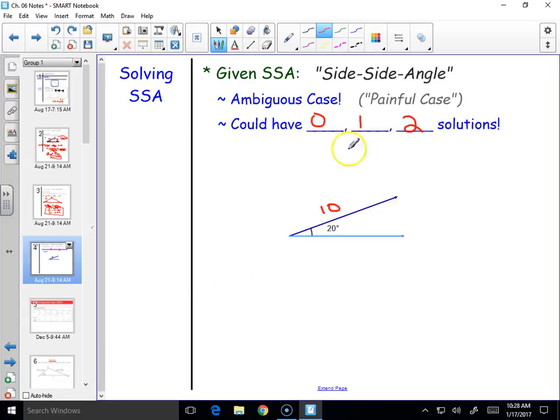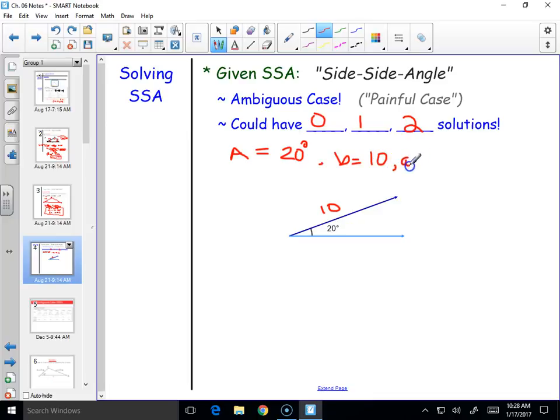Let's do a side of 4. So we know angle A is equal to 20 degrees. Little b is equal to 10.